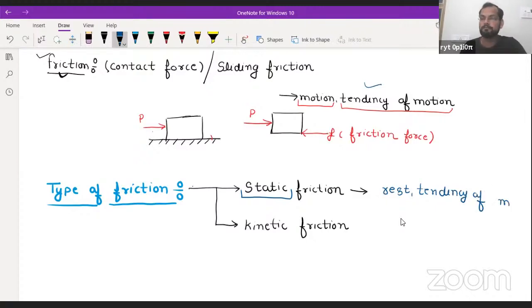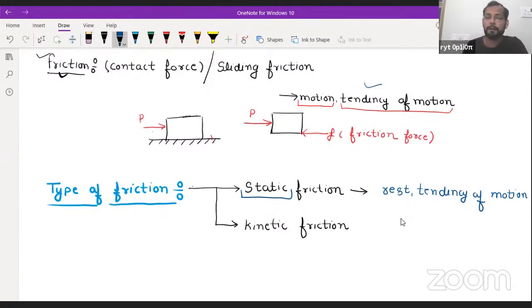So in that condition, whatever friction acts on the surface, that friction is known as the static friction.